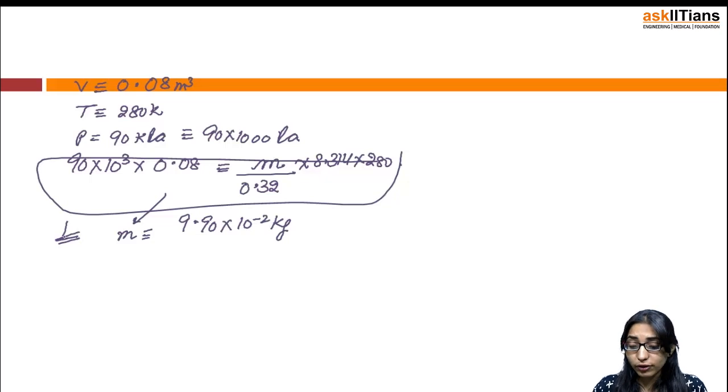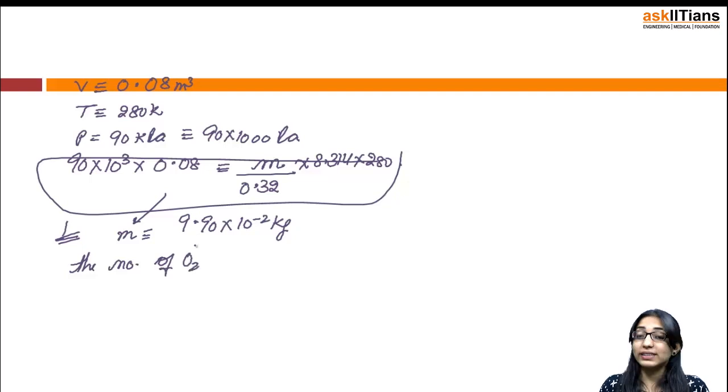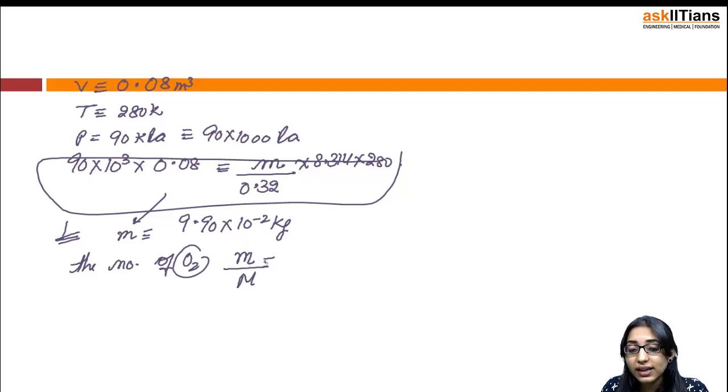Now let us move over to the second part, where I have been asked to calculate the number of molecules of oxygen in the given cylinder. I know that given mass divided by molar mass is the number of moles present.